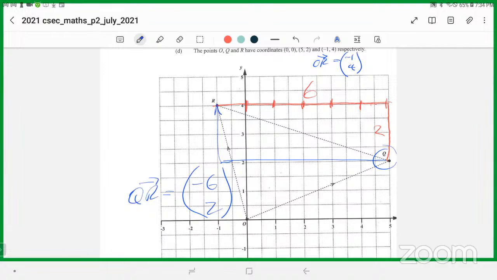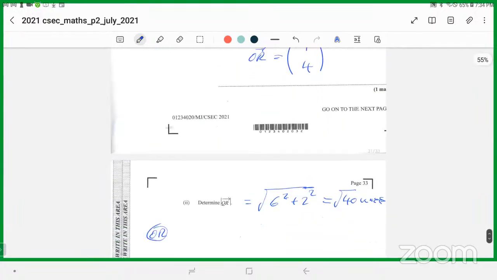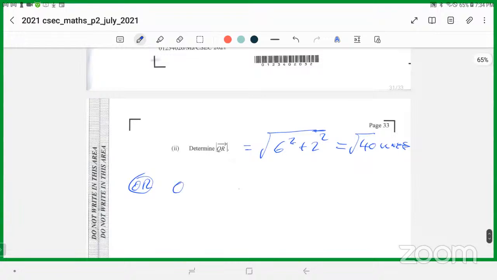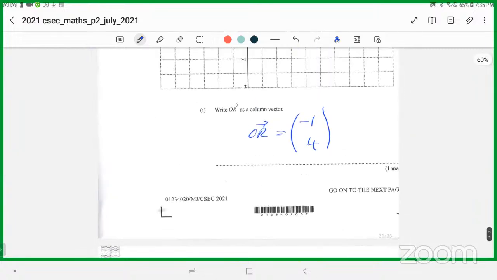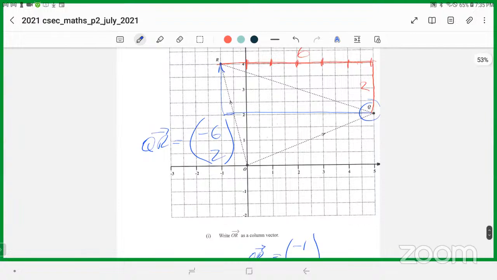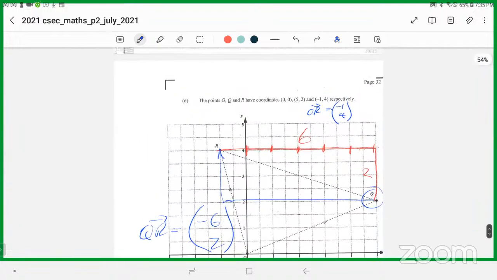But let's calculate it still and show you. If you're calculating QR using the vectors method, it will be OR minus OQ, the last minus the first. The OR we said was negative 1, 4, right here. The OQ is 5, 2, because the point is 5, 2.